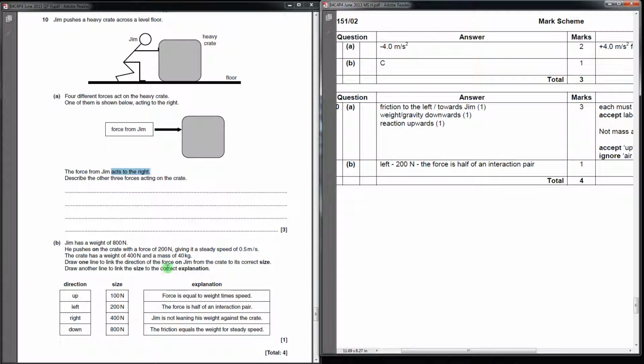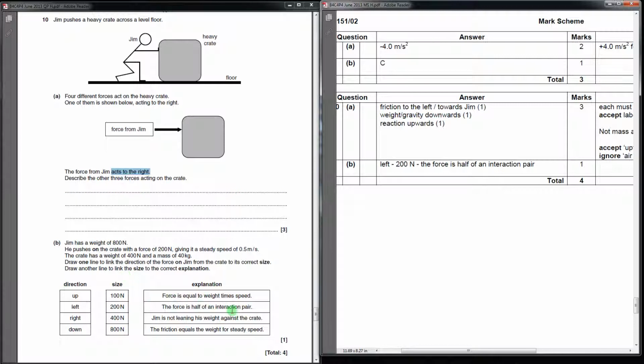So we're talking here about the force on Jim from the crate. So we switched away from the force on the crate now, and we switched to the force on Jim. Whenever you have forces, you have to have 2 objects because your forces come from an interaction force pair. So whenever it starts talking about the other object, that should immediately clue you in that we're talking about interaction force pairs here.